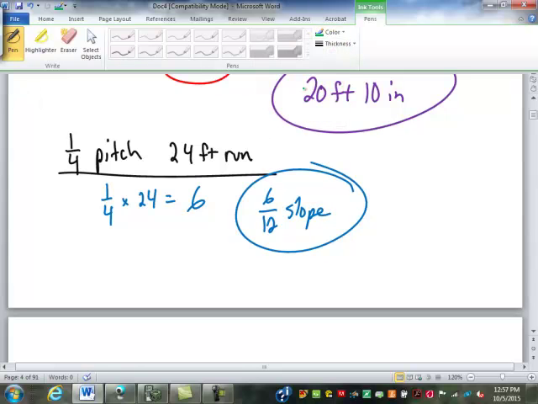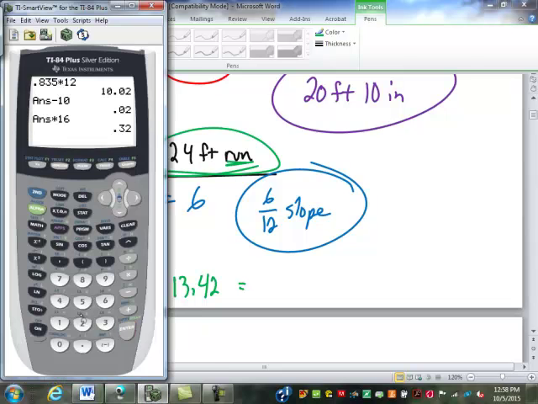What do we get? 13.42. Good. And that's going to multiply by the run. Is it 24 or 12 that we're going to use? 24 is the run, not the span. So 24 times 13.42 gives us 322.08.